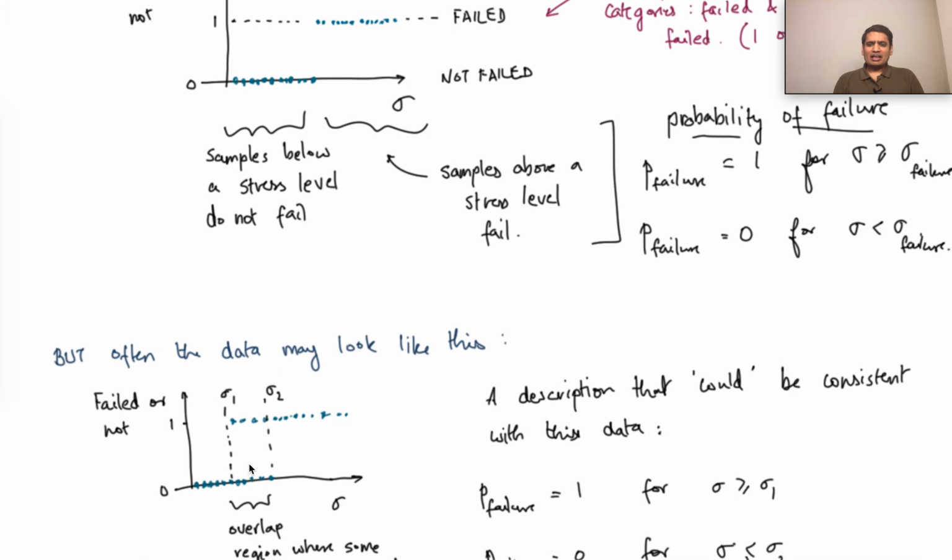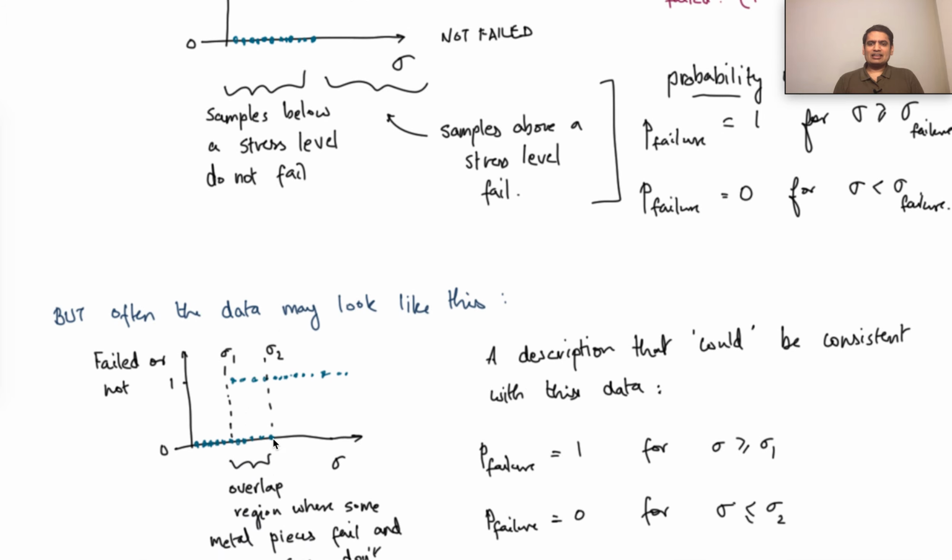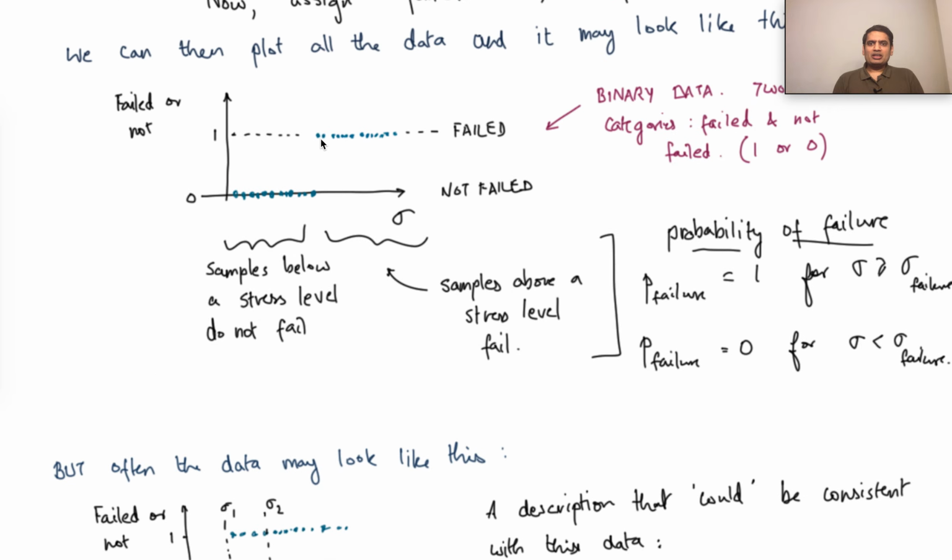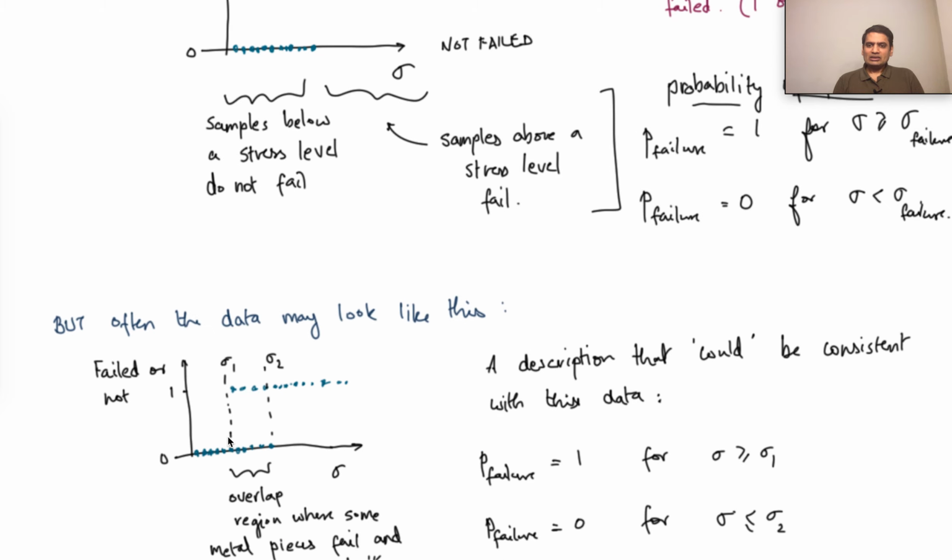Okay, so you could have data that looks like this. You might also have data that looks like this, where there is a kind of overlap between the regions where the material fails versus the material does not fail. Okay, where you can say, perhaps it so happens, for really low stress levels, the material does not fail. For really high stress levels, the material fails.